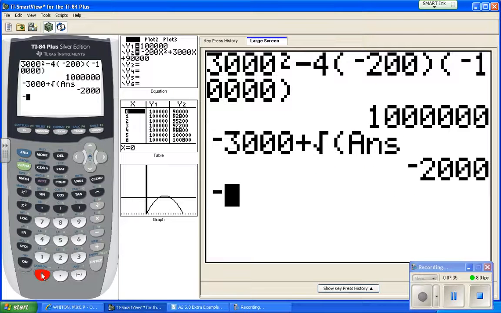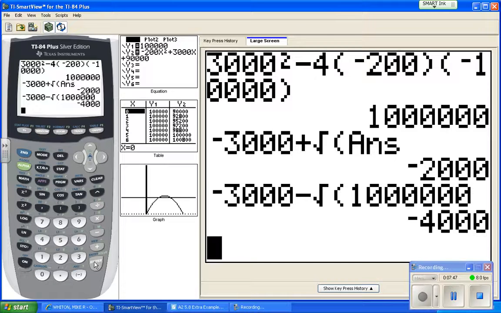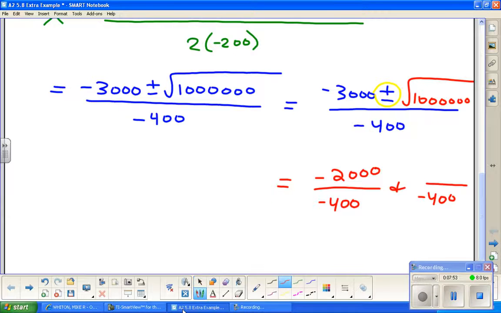This time I'm going to have to type it in. The other numerator is negative 4,000. So that's this number over here.